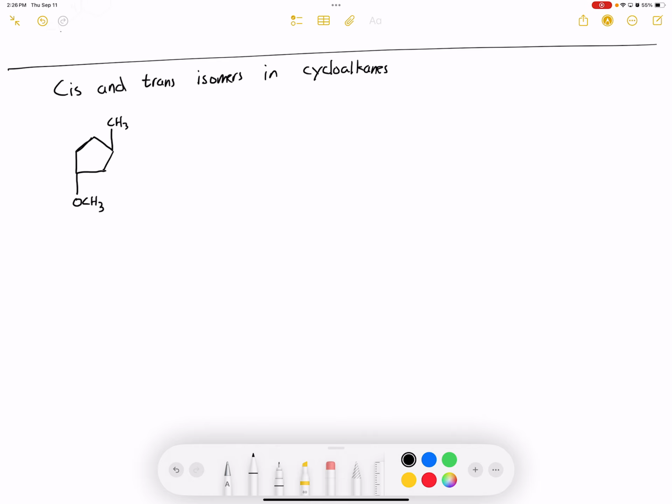Okay, so that is trans. There's also a few other ways we can represent trans isomers. Instead of drawing something up and down, we can have one that is dashed and one that is wedged. So that is also trans.